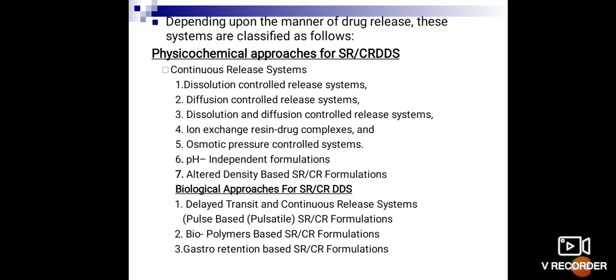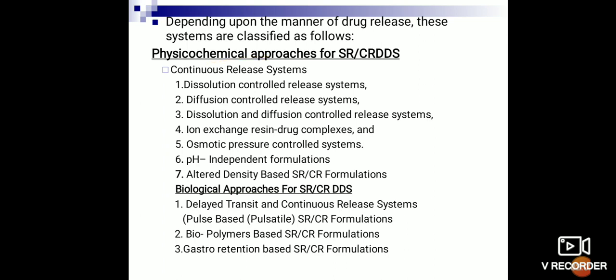Let's discuss the release mechanism of controlled drug delivery system or different approaches. Depending upon the manner of drug release, these systems are classified into basically two approaches: physicochemical approach and biological approach.